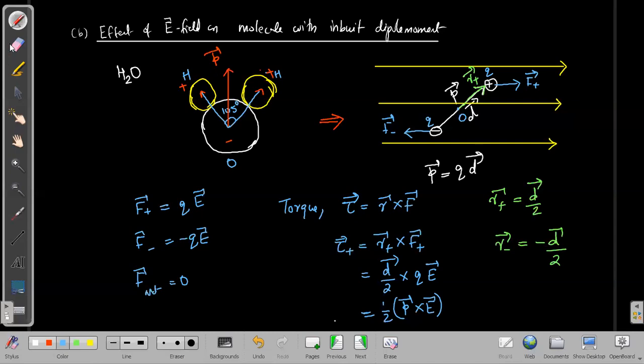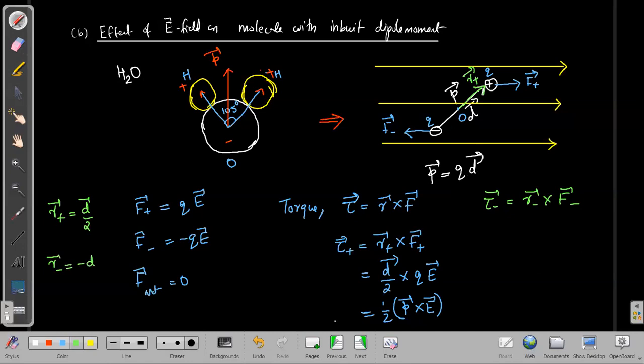And what would be the torque on negative charge? The torque on negative charge is R minus cross F minus. So remember, R plus is vector d by 2, and R minus is minus vector d by 2.